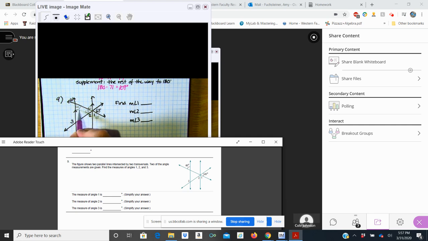But hey, this one's 60 and this one's 63. What do the three angles of the triangle have to add up to be? So if I take 180 minus 60 minus 63, that gives me this angle is 57. And if this angle is 57, then angle 2 is 57.